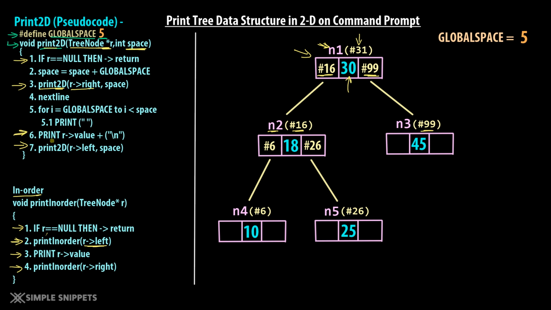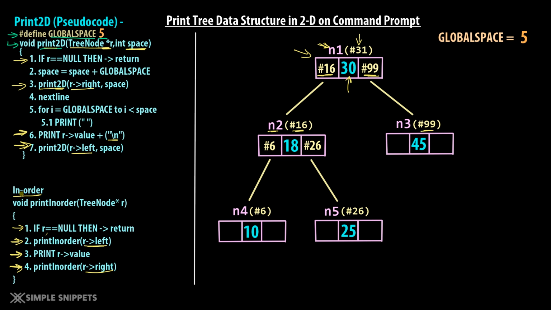Step 6 is where we are printing the value along with an escape sequence, so you come on the next line because you want to print that diagrammatic structure. Step 6 for print2D matches the printing step in inorder. The last step, step 7, is recursively traversing the left side, while in the last step for inorder we traverse the right side.